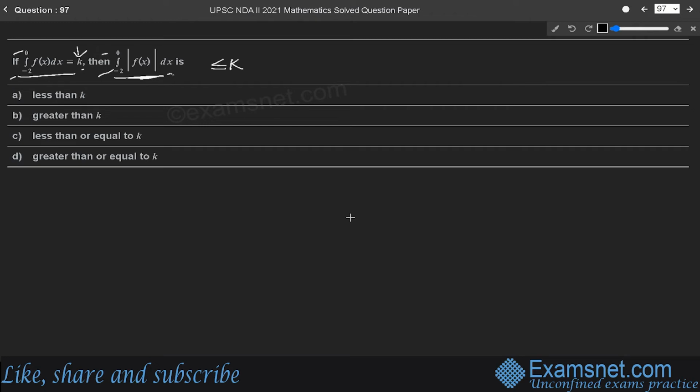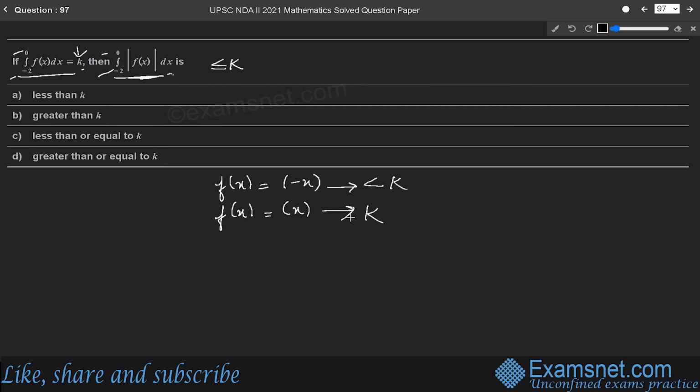You can see that here the value is equal to k, but for this particular term the value will be less than or equal to k. Let us take an example. If f of x is equal to minus x, then there will be a value, and if f of x is equal to plus x, then there will be a value. When we take f of x equal to plus x, then the value will be equal to k, and when we take f of x equal to minus x, then the value will be less than k.